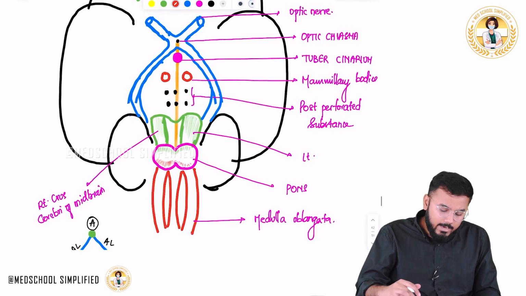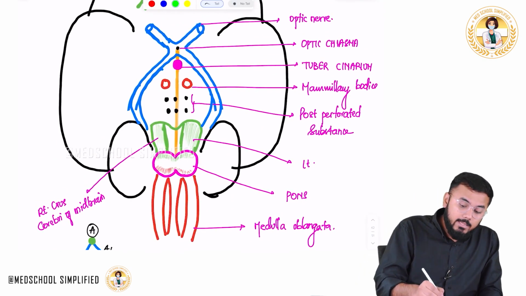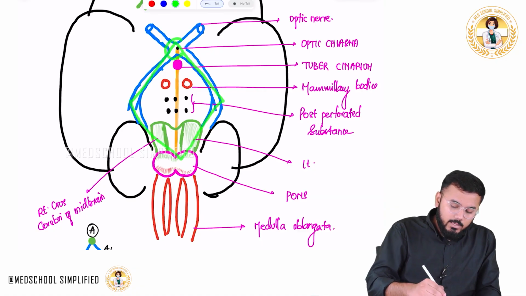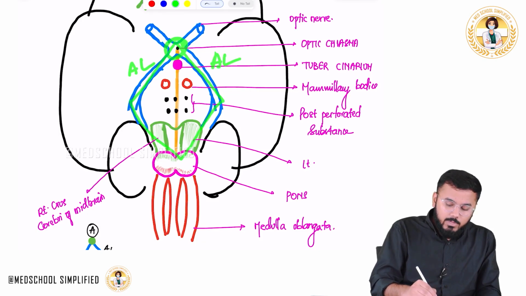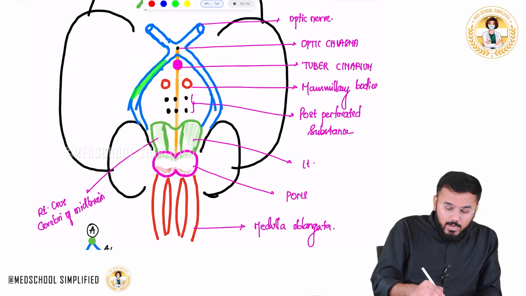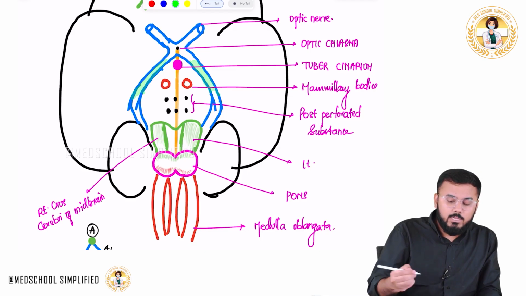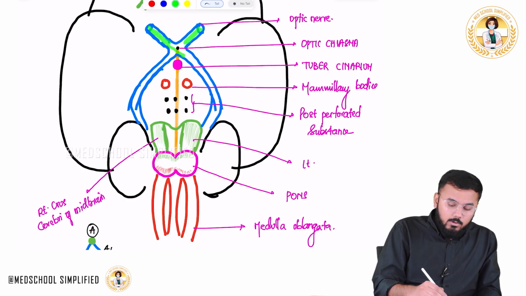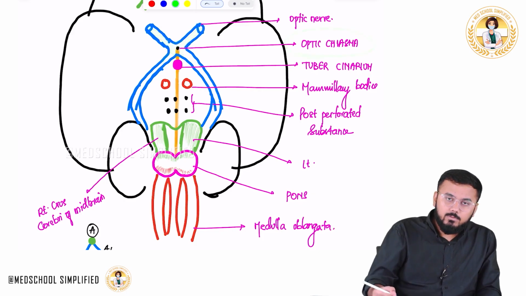Now after anteriorly it is having optic chiasma, anterolaterally what is it having? See, if this is a diamond shaped over here, this is the anterior part, then this will become anterolateral, this will become anterolateral. So anterolaterally what are these two structures over here? These two structures over here are called as optic tracts. Okay, remember one thing, this is optic nerve, this is also optic nerve, both of them joined together, the center point over here is called as optic chiasma.